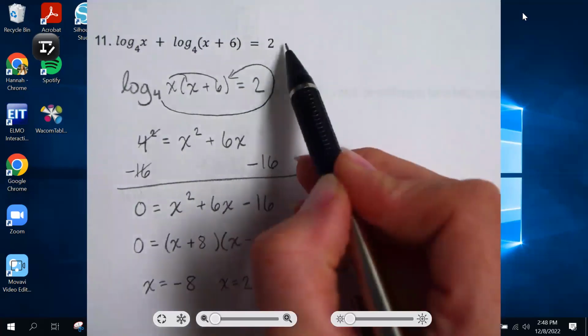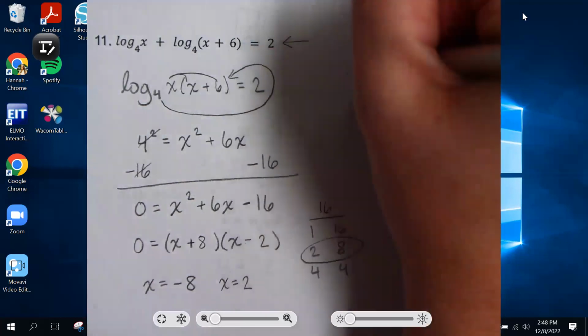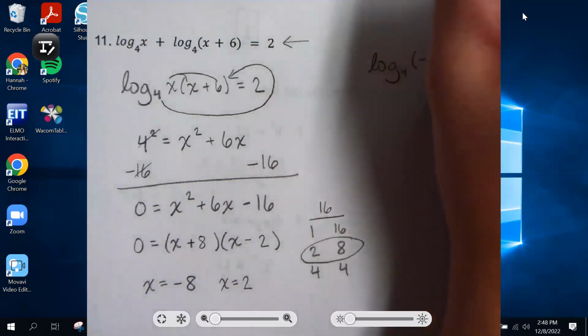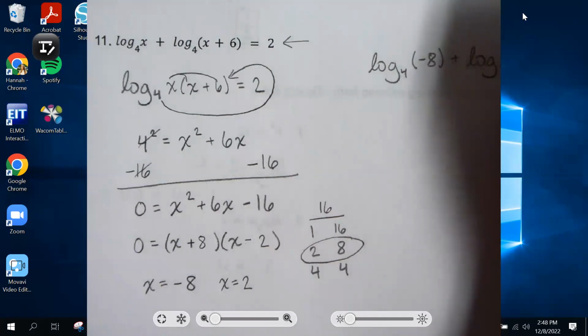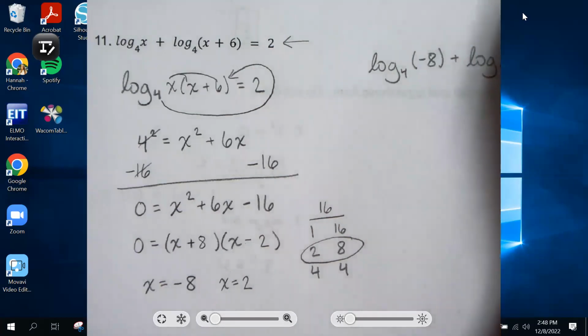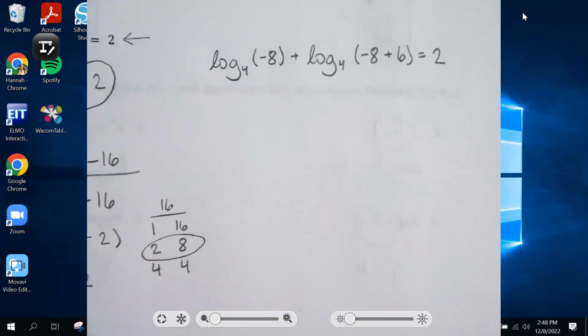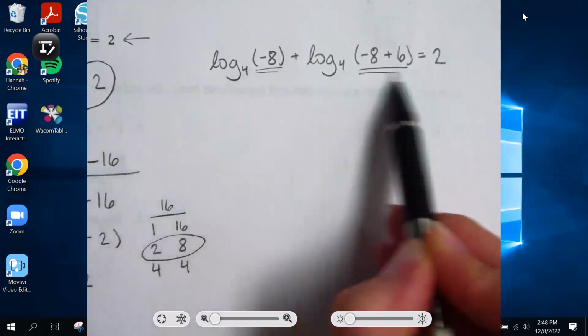So when you go back and check these answers, you need to go back to the very first line of the problem and plug in these values for X. So let's try -8 first. Before you continue checking, you need to be looking at these numbers to make sure they're not negative.